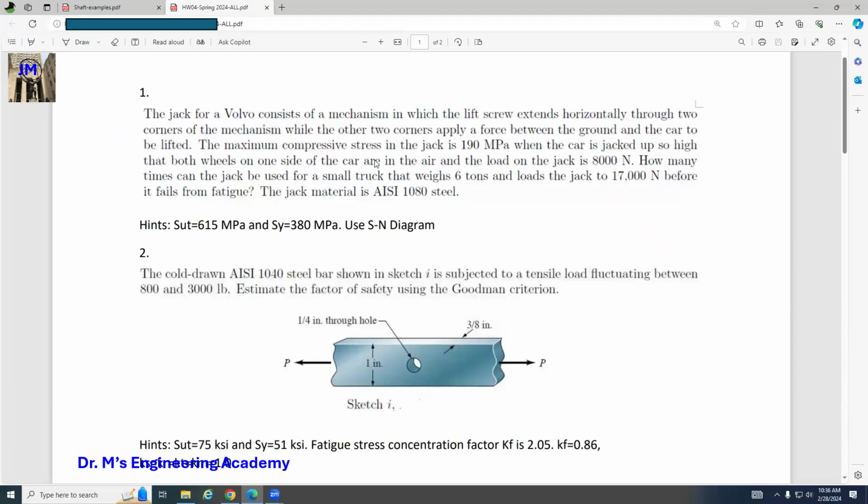So here is 12 from zero. This T is in Newton meters. This is how the torque varies. This is one cycle.